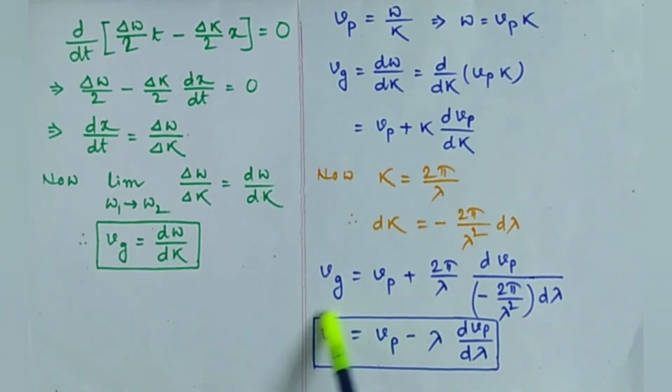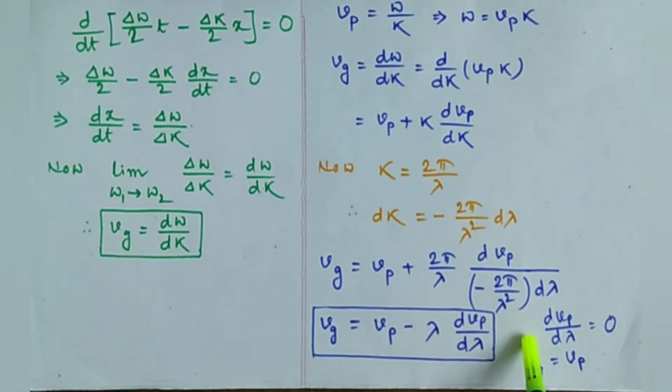This is the relation between group velocity and the phase velocity. If there is no dispersion of the wave in the medium, we may write dVp by d lambda equal to 0, and then the group velocity will be equal to the phase velocity.